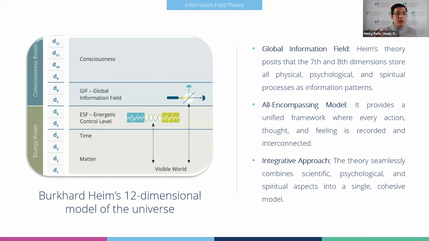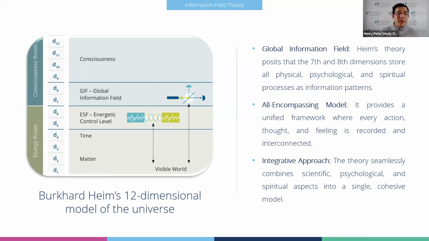And remember, material doesn't mean that we have to see it, because a lot of the energy and a lot of the frequencies that we interact with on a daily basis, we cannot see. It just means that it's more tangible. Now, then we reach the level of the consciousness room, which you can see at the very high level. On the last 4 dimensions, we have consciousness. But what links consciousness with this more material world we live in is going to be the global information field.